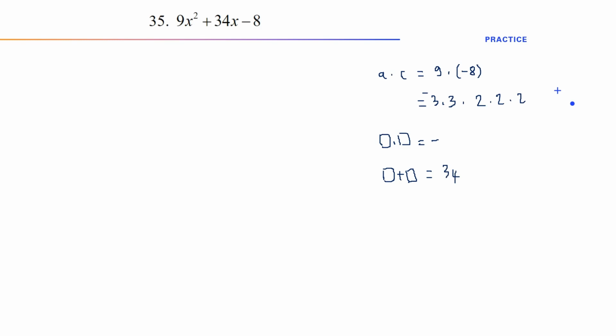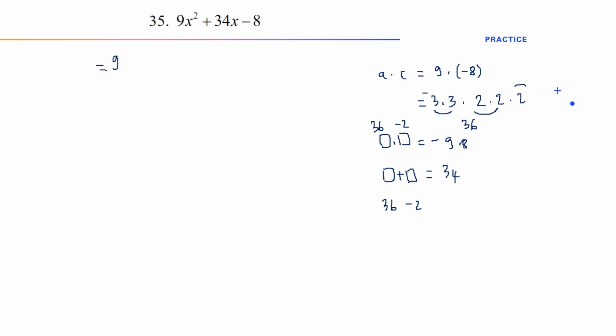So let's think. 34 is something like 36 and 2. So we have 9 times 4 is 36, and we have 2. 36 and 2, 34. It has to be positive, so we have 36 and minus 2. So 36 times minus 2 is negative 9 times 8, right? The same. So we break that down.